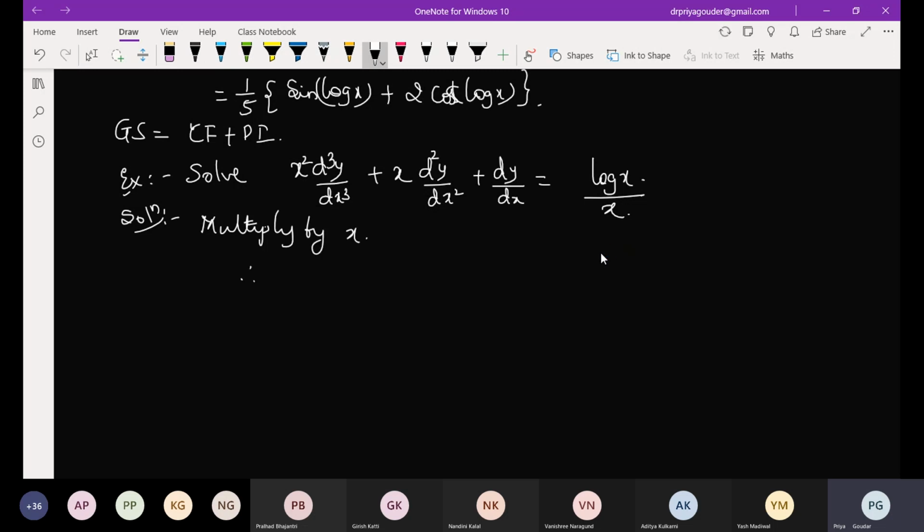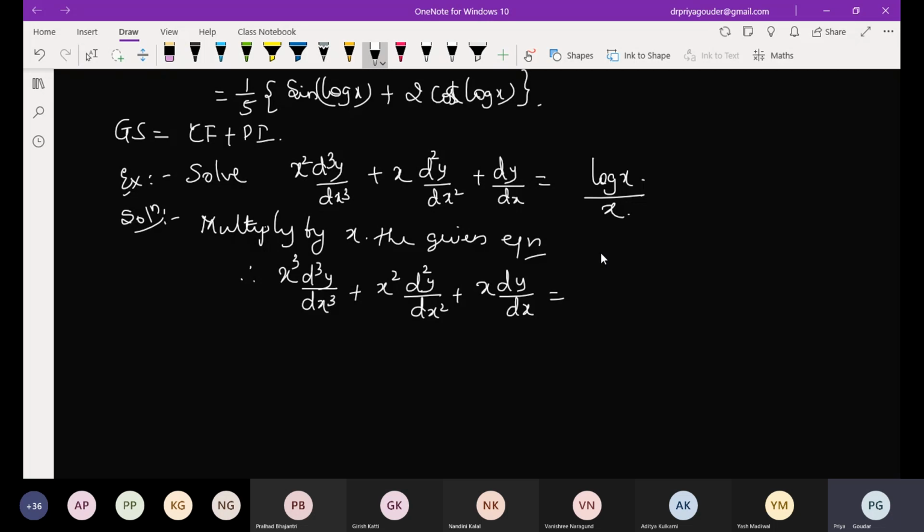Therefore, what will you get? Multiplying the equation by x, the first term is x cube d cube y by dx cube plus x square d square y by dx square plus x dy by dx. The term y is missing here, not to worry.